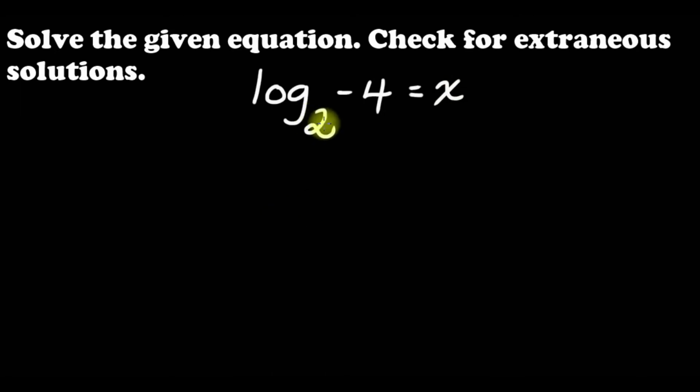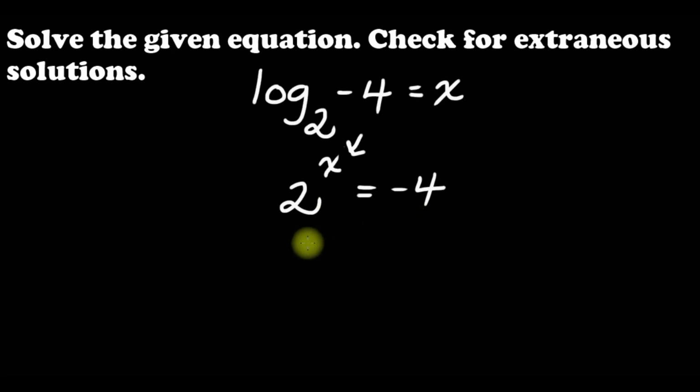To evaluate this, I would change it to exponential form. So the base is 2, the exponent is x, and that's going to come out to -4. Okay, would this be possible? Can you think of an exponent for base 2 that when you take it, it comes out to -4?